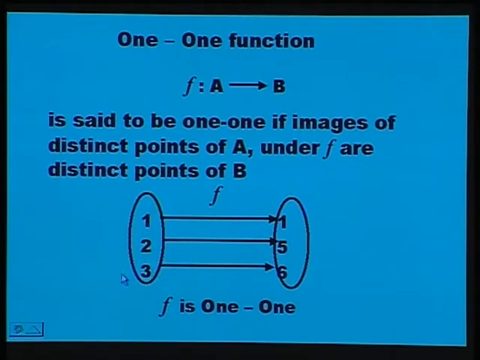F is a one-one function. Why? Because no two elements of the domain have the same image. F is a one-one function.